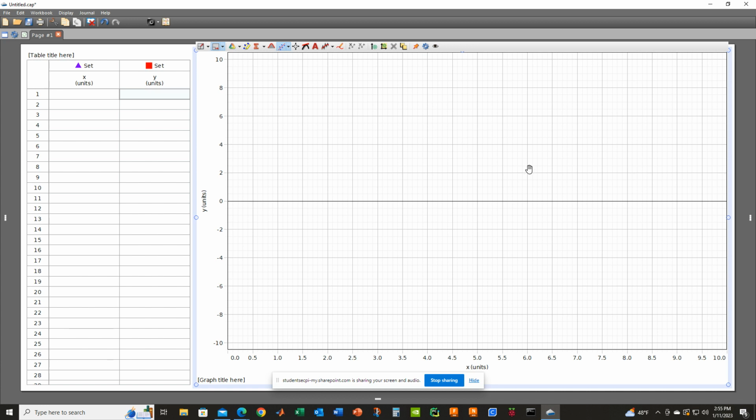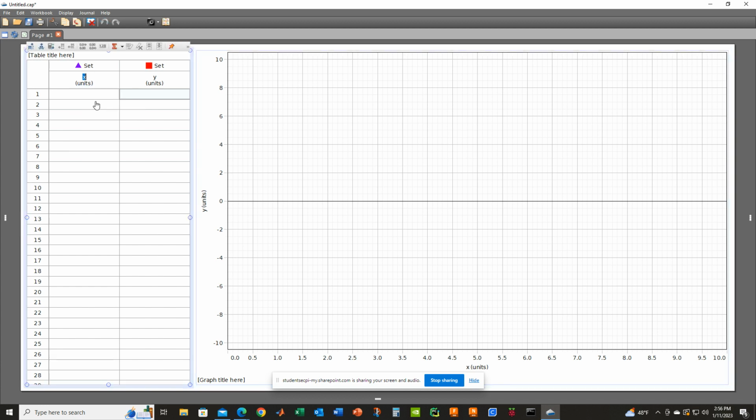Basically, we're going to need to divide each value by 1,000. I'm going to rename this one mass, and my units are going to be kg. Then I'm going to rename this one rotation, and the units are degrees. Let me go ahead and put this in.